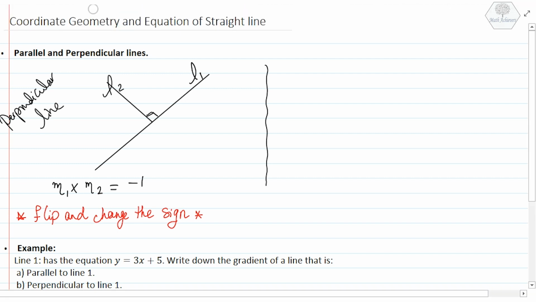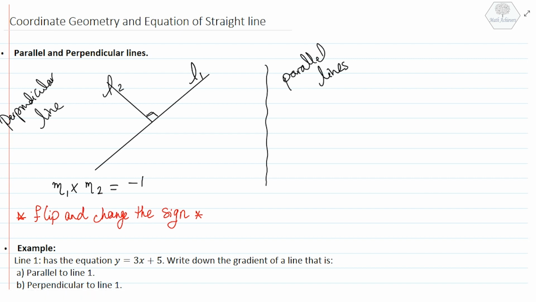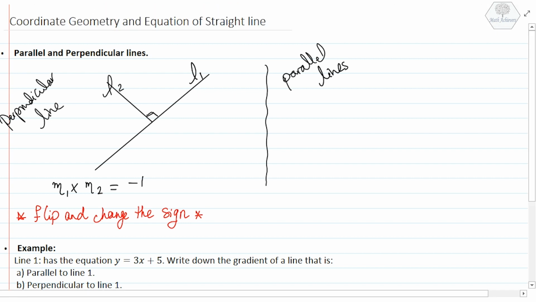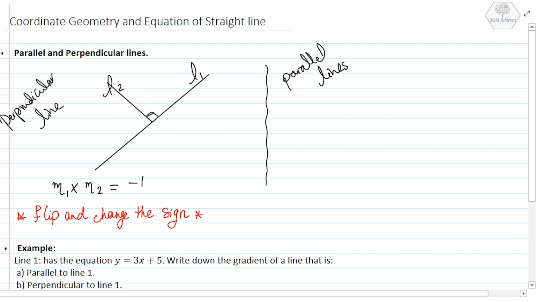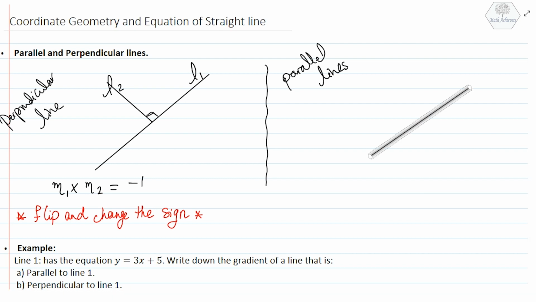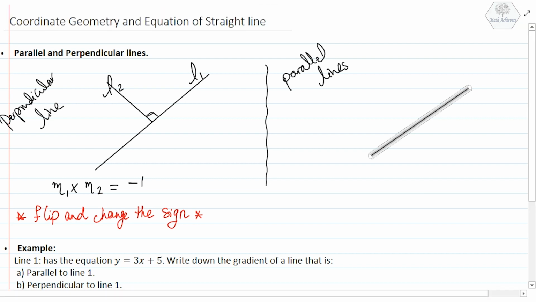Let's talk about the case of parallel lines. Parallel lines are lines that will never intersect. Let's draw two lines that are parallel. This line, and I can draw another line also this way.